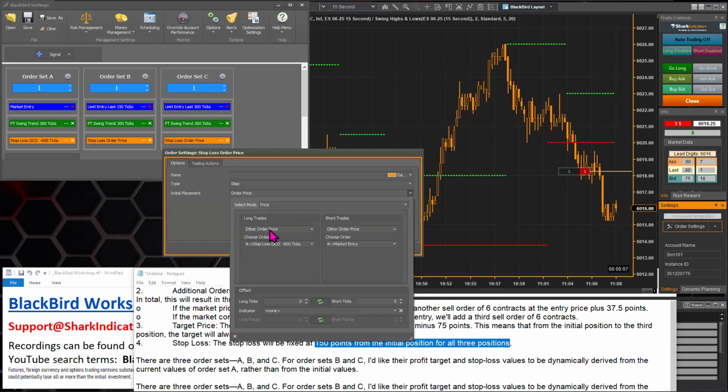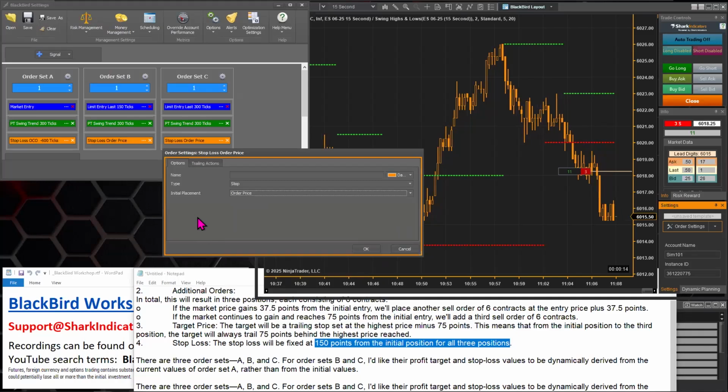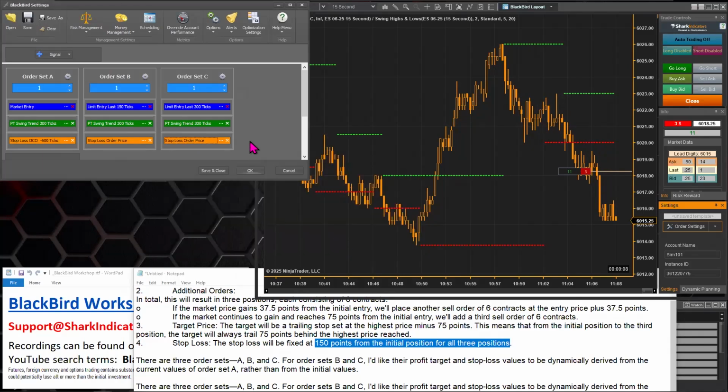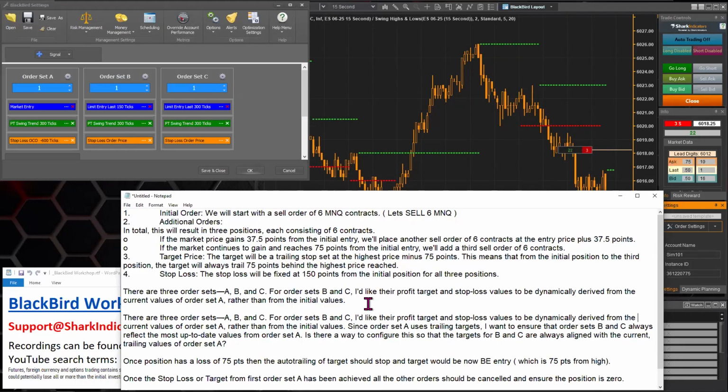Set to other order price, and it's utilizing the stop loss for A. So there you go, and no offset. So now all the stop losses will match each other. Okay, so there we go. And let me double check some more here, see if I might have missed something else.